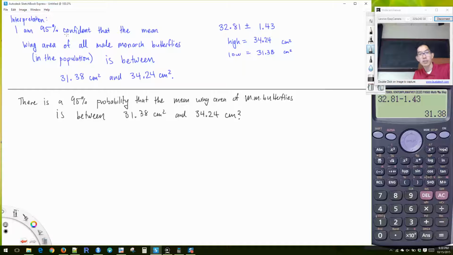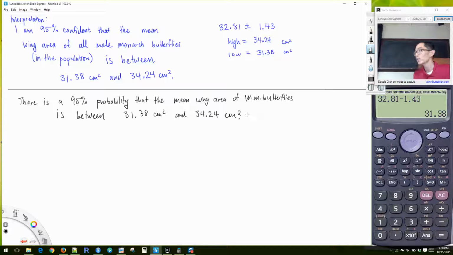All right. So we are 95% confident that the mean wing area of male monarch butterflies is between this and this. But does that mean there's a 95% probability that the mean wing area of male monarch butterflies is in that interval?